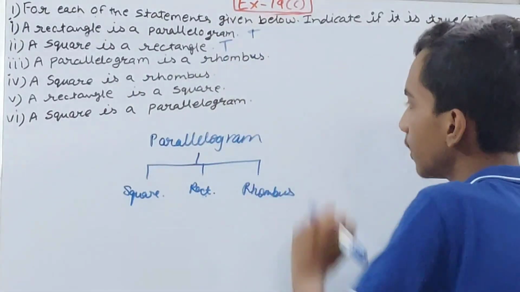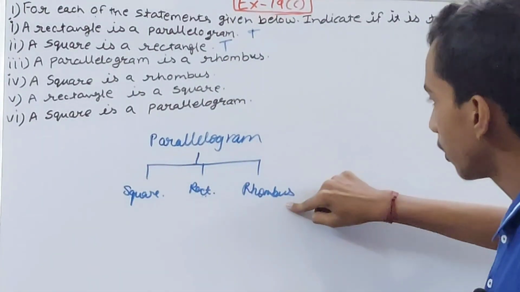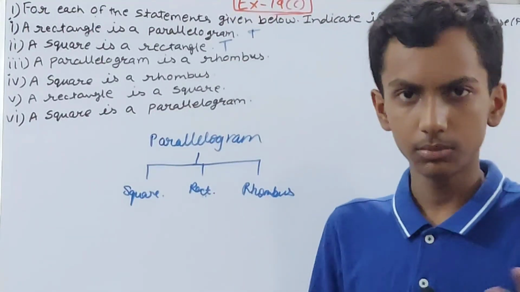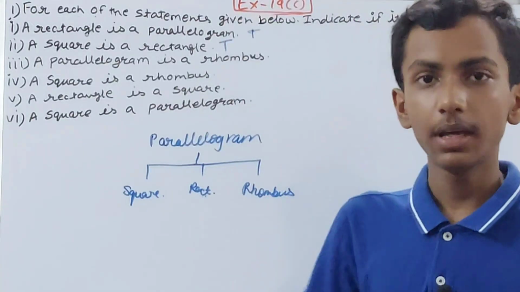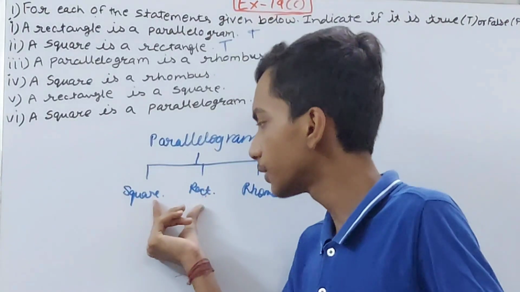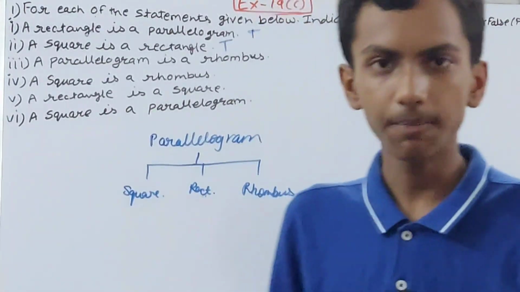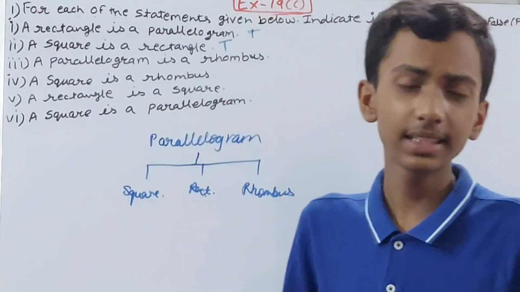A parallelogram is a rhombus. A parallelogram is a rhombus, yes, but not all the time. If it has the characteristics of a square or a rectangle, then the parallelogram will not be a rhombus. Try to take it this way.